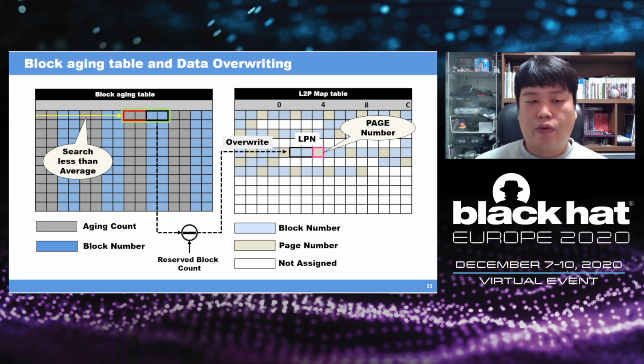The simple diagram on the left shows the block aging table and how it works. So if we write data, the FTL component calculates the average of the aging counts on the table, and searches for a value smaller than the average count to find a less frequently used block. Finally, the block number is stored on the LTPAP table, and afterward, if the block is used, it is moved to the tail.